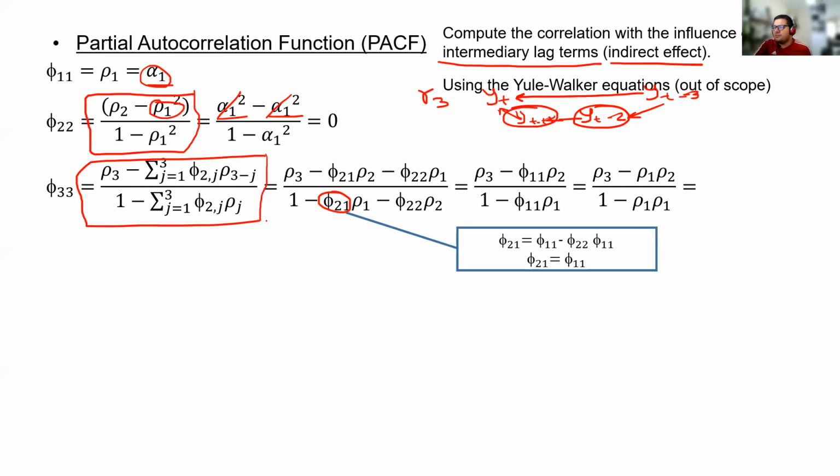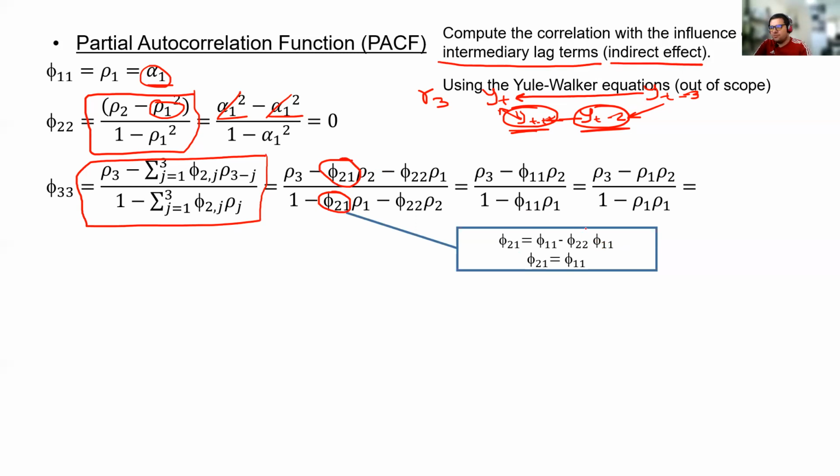So we are accounting for the effects of those intermediate lags, in this case 2 and 1, like I mentioned here and here. So these phi terms are the ones that transfer those indirect effects. This is the way they're calculated, but please do not worry about this at all.